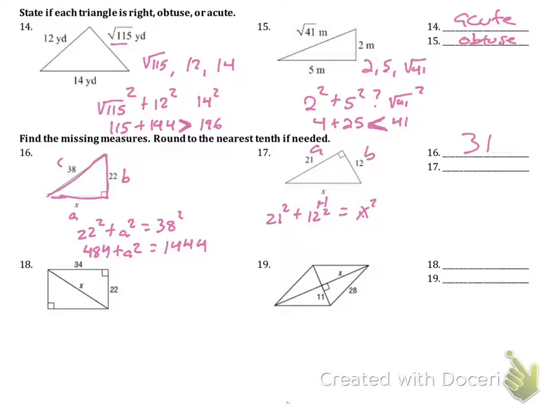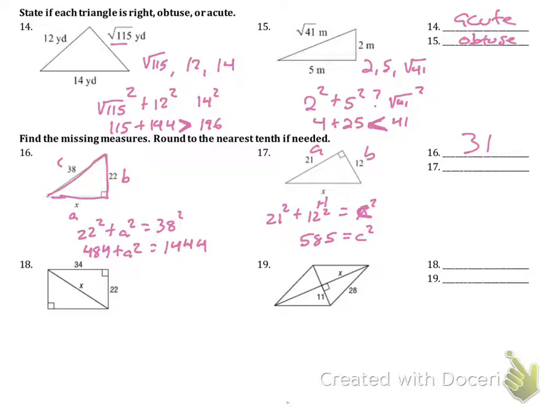So 21 squared plus 12 squared, which is 144, would then be 585 is equal to my c squared, or my x squared. You can call it either. I'll just leave it as c, just to be simple.